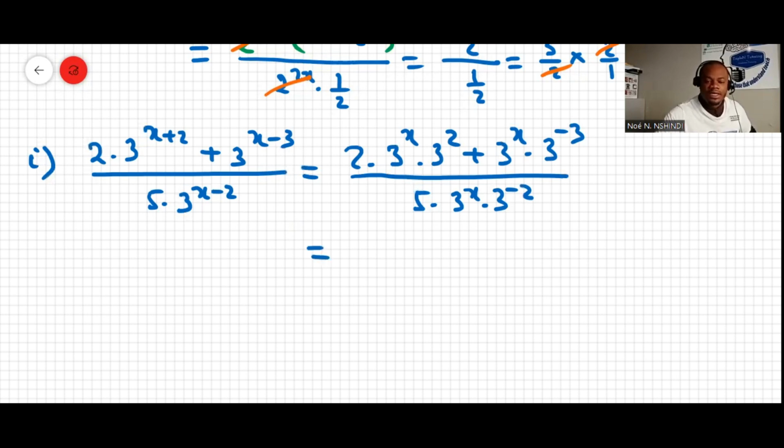Now we can take 3 to the x as the common factor, and then this will be 2 times 3 squared, which is 18. Minus 3 to the negative 3, which is 1 over 3 cubed. Okay, maybe because of space, let me write it this way.